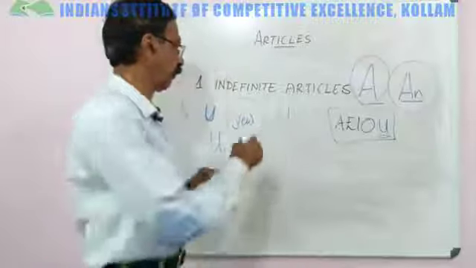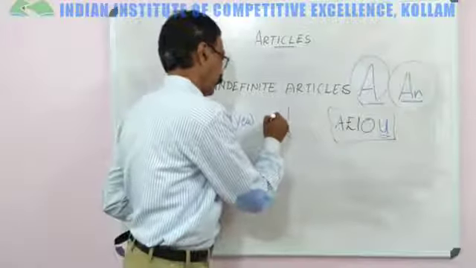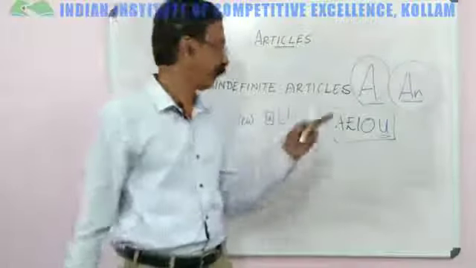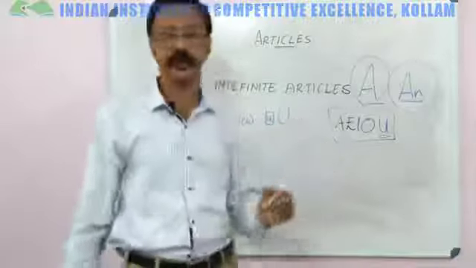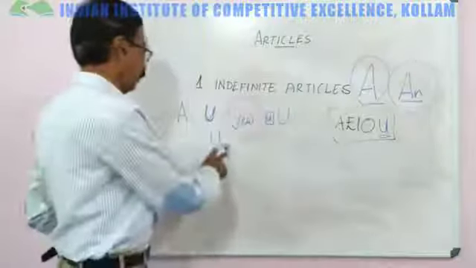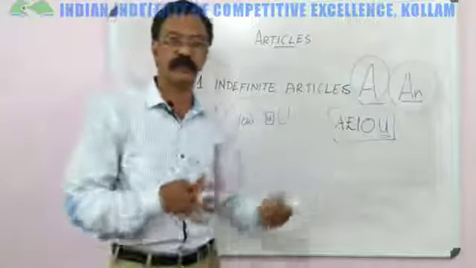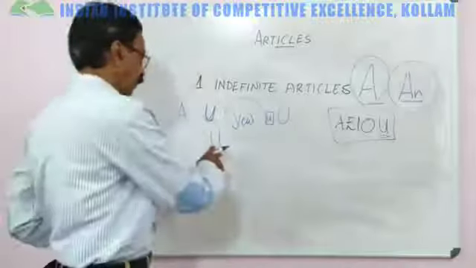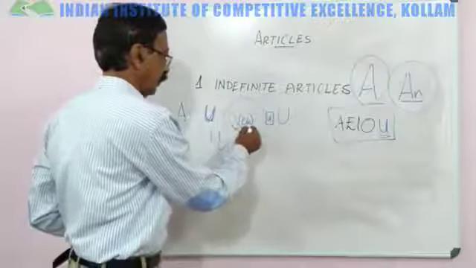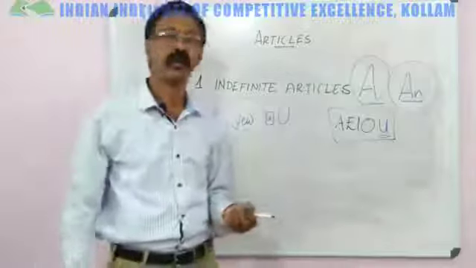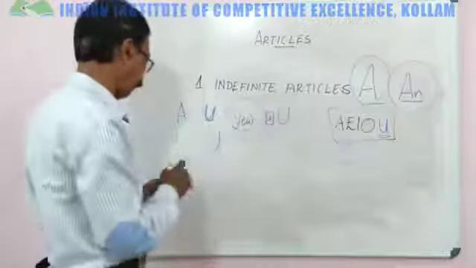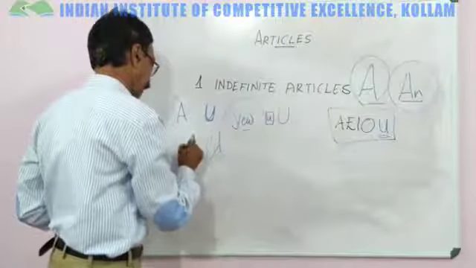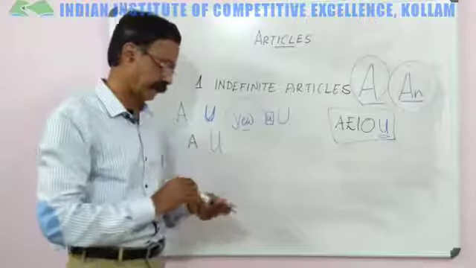So here also a is used before the noun uniform. Utensil: here also the sound is like the other two, so here also indefinite article a is used. A utensil.